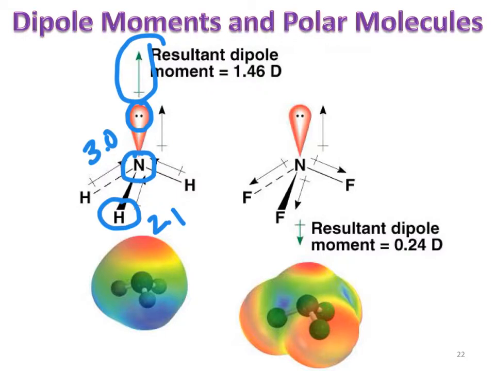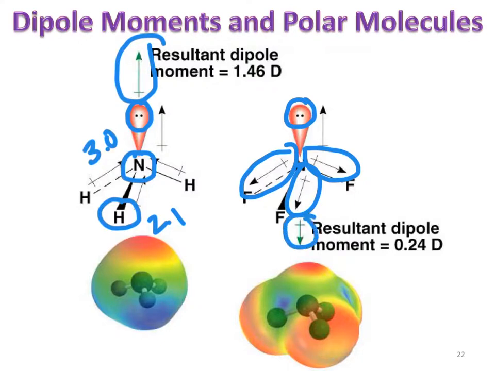With nitrogen trifluoride, the polarity of the bonds is actually in the other direction, indicating that we're going to have a negative end toward the fluorine. The lone pair pulls electron density upward. The resultant is a slightly smaller dipole moment pointing toward the fluorines at 0.24 debyes.